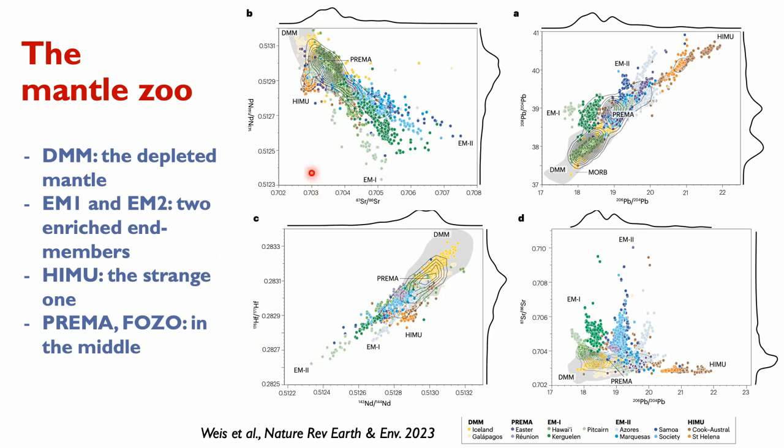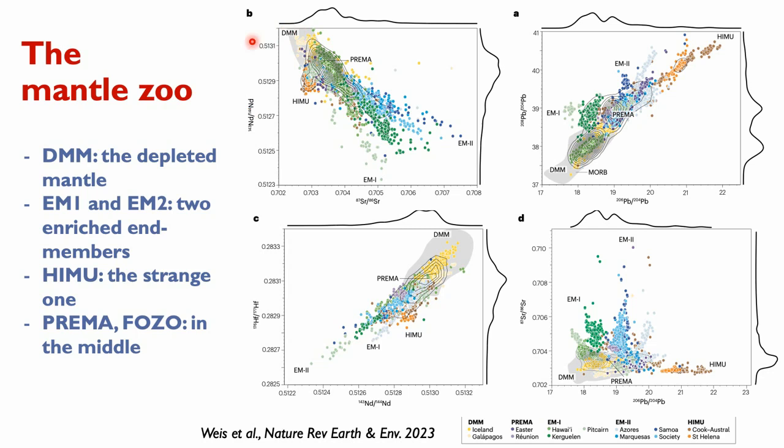So the mantle zoo is basically the way the diversity of composition has been characterized with a number of acronyms. The first acronym is DMM, which is depleted mantle, and it sits at the top here.